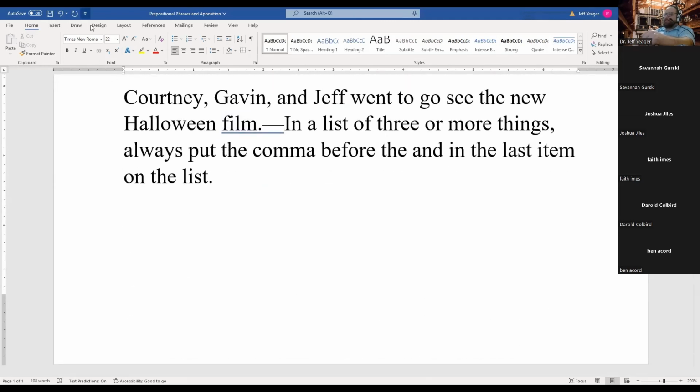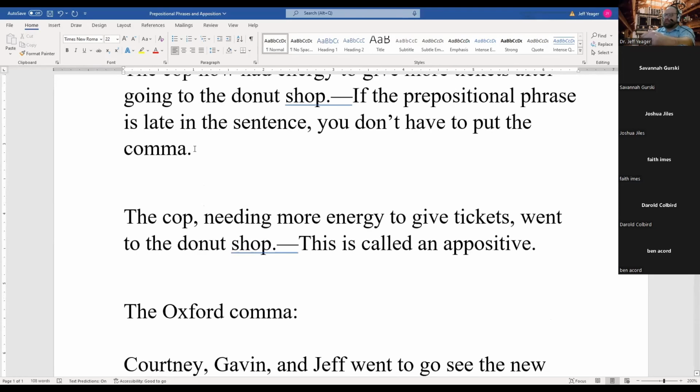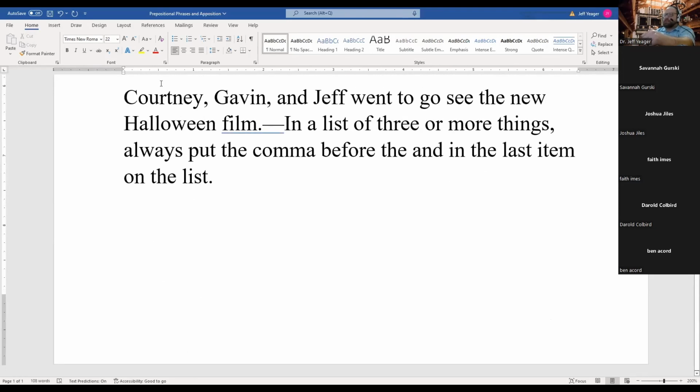Then just one final bit, the classic Oxford comma. The Oxford comma comes before the and whenever you have a list of 3 things or more. Courtney, Gavin, and Jeff went to go see the new Halloween film. Oftentimes I'll see people not put that comma there. So it's especially important to put that comma in a list of 3 things or more, before that final and.